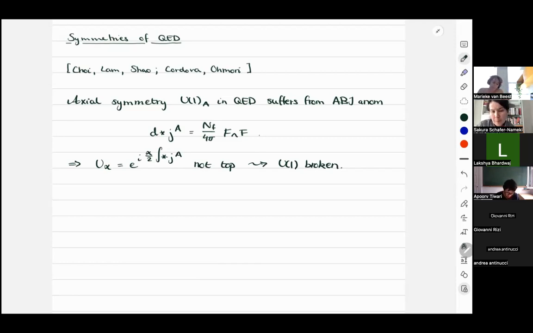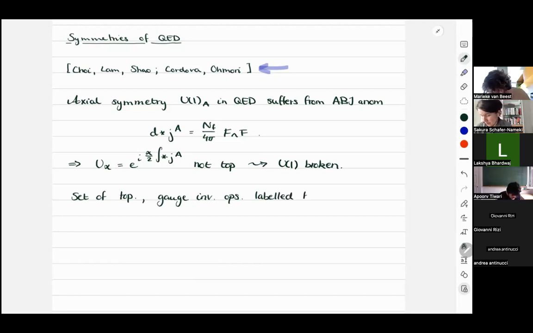But it turns out, as these people showed, that you can write down a set of topological and gauge invariant operators, which are going to be labeled by P over N in Q not set.